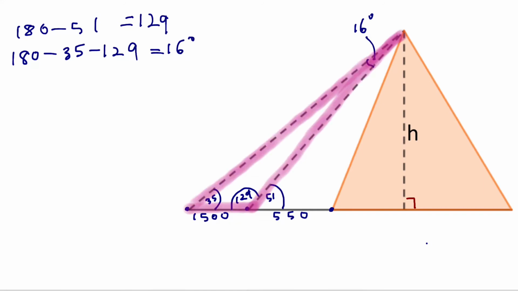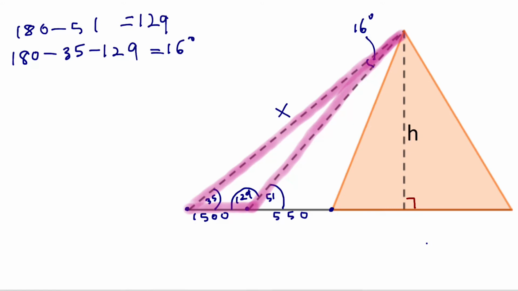On this pink outline triangle, I can use the law of sines to find that hypotenuse side I'm looking for. Let me call that x.